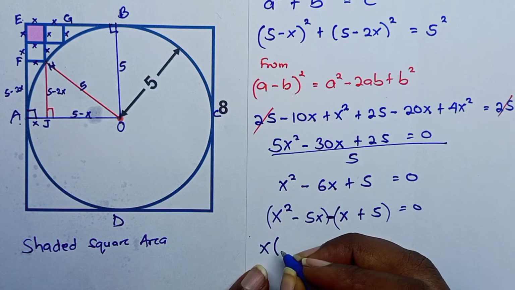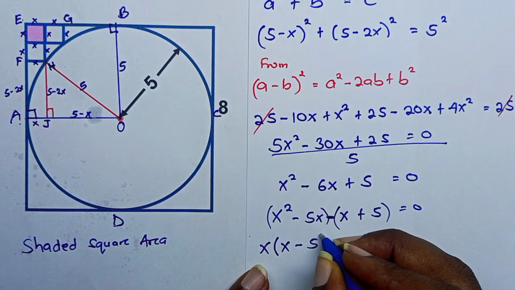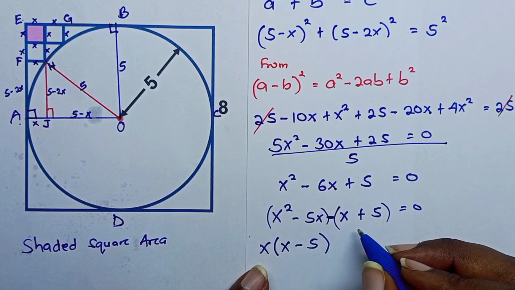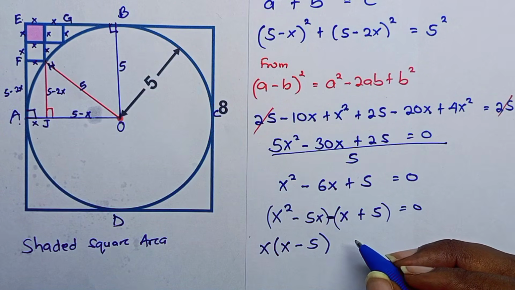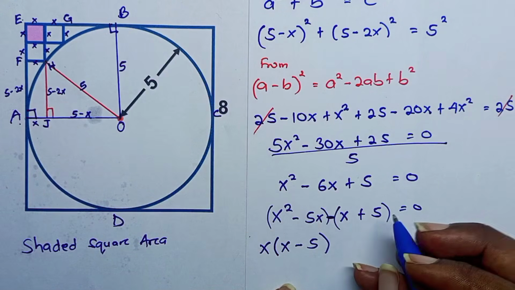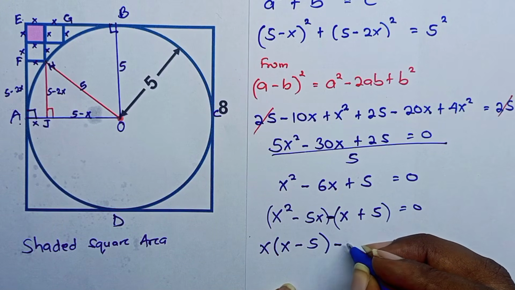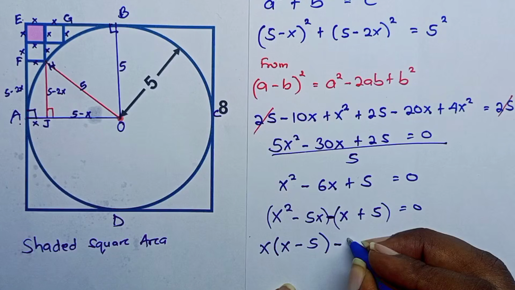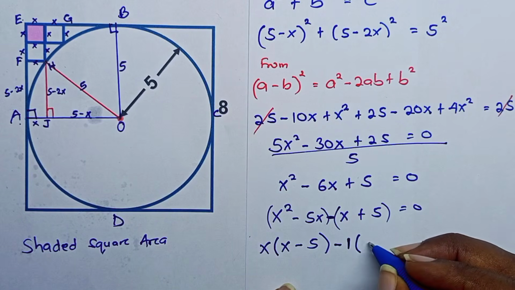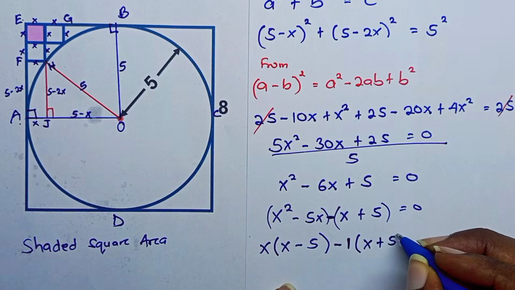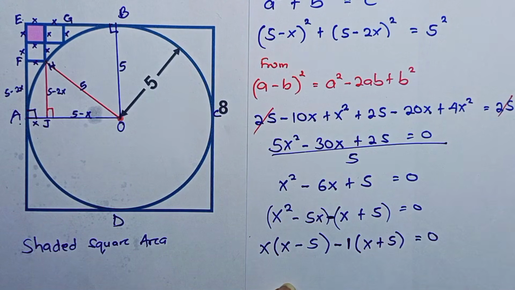We shall have x into x minus 5. Then in this bracket, 1 is common, so we factor out minus 1 into x plus 5.